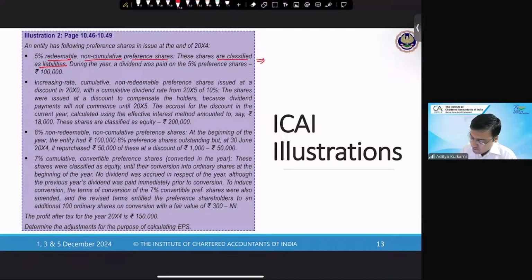So the finance cost is already recognized in net profit. Therefore, no further adjustment. Are we okay with this?